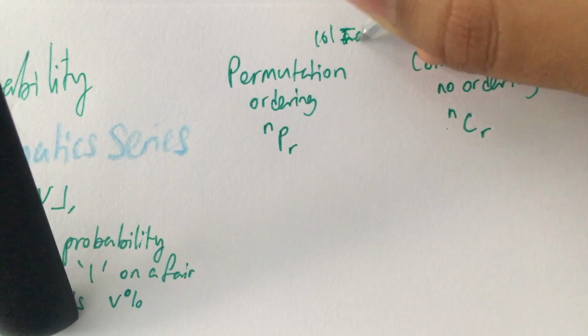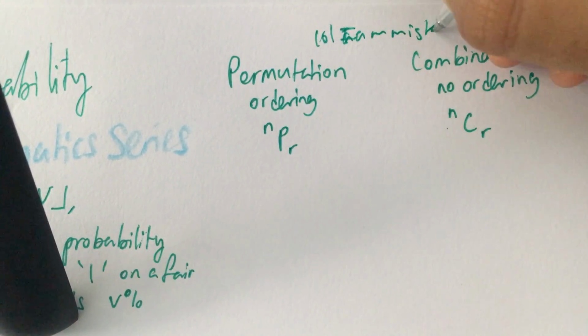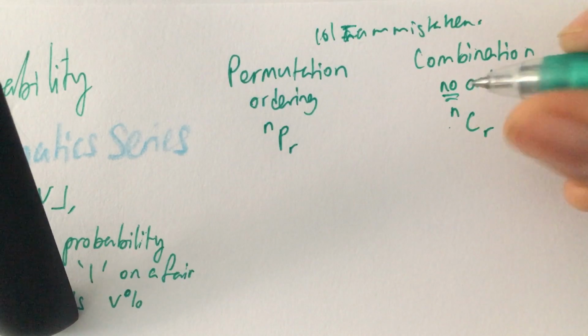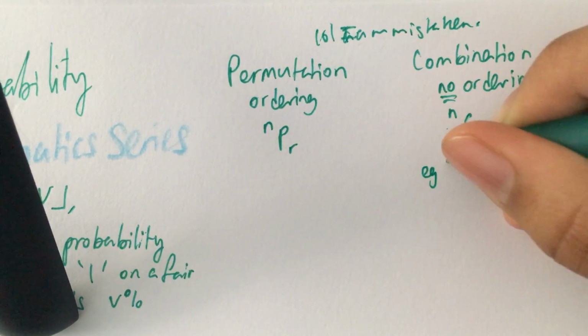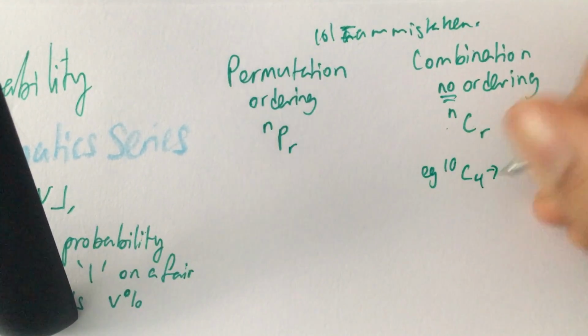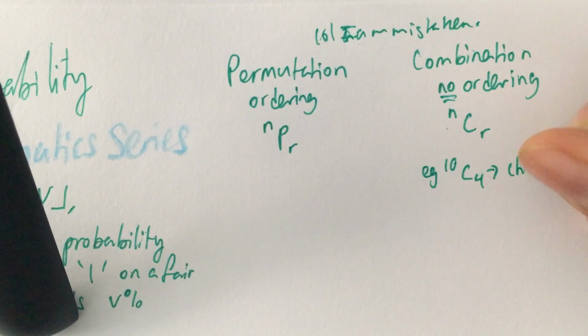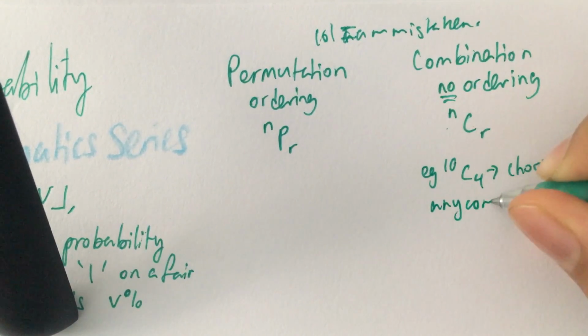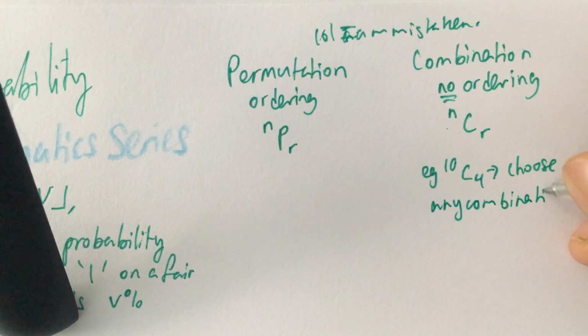In that scenario, we have four objects out of 10, and the combination is just about picking any four out of the 10.